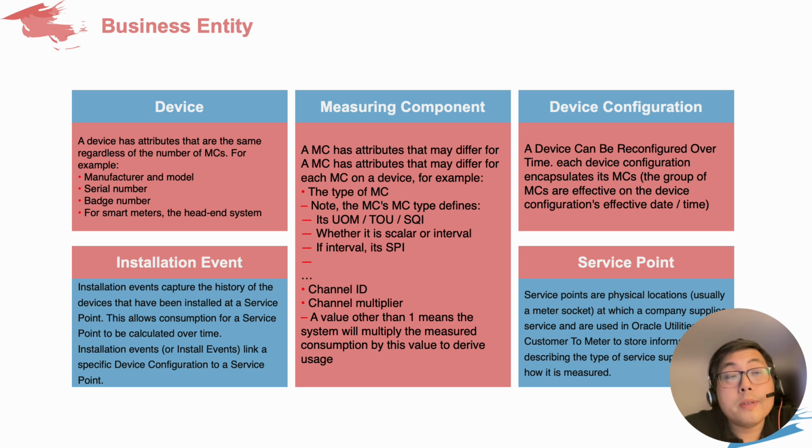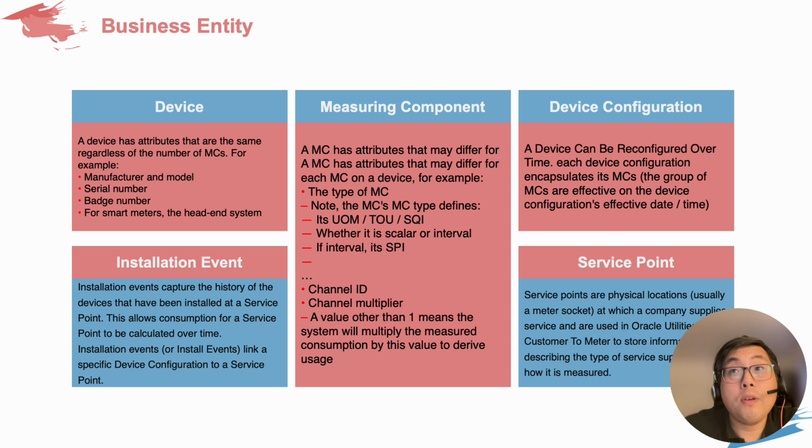A second point I want to talk about is the device config. Remember, installation events link to a device config. It's not linking to a device, because the same device means the physical meter. The same device can be reconfigured, and if any meter gets reconfigured, it needs to have a separate installation event.